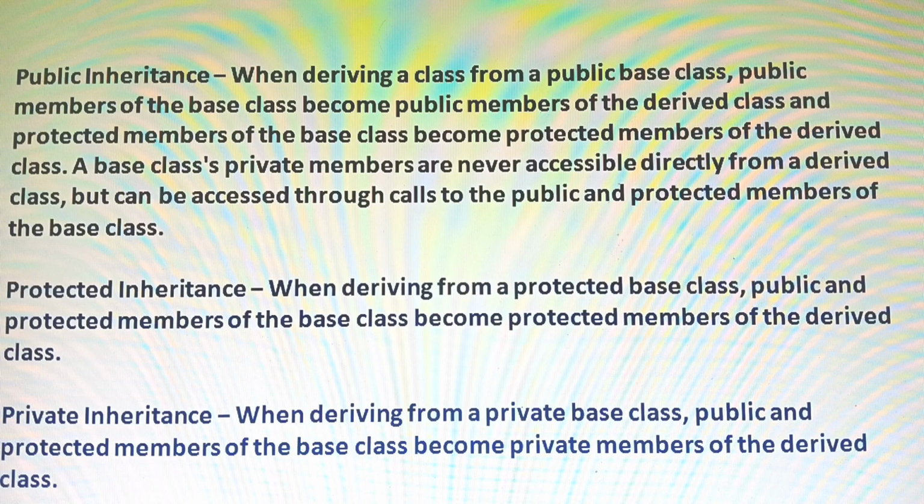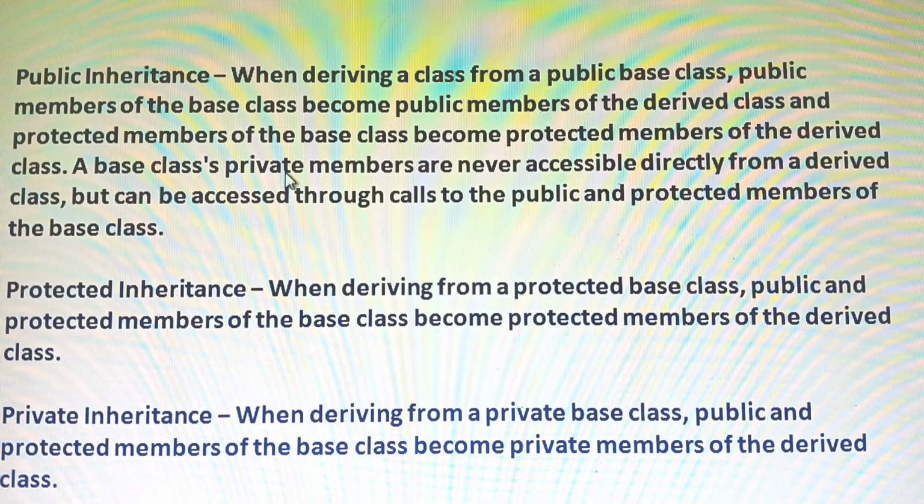Suppose we have declared some members or functions in the base class with the public keyword, those become public members of the derived class. In the derived class also they are public. Protected members of the base class become protected members of the derived class. Once we specify protected in the base class, those protected members become protected members of the derived class.